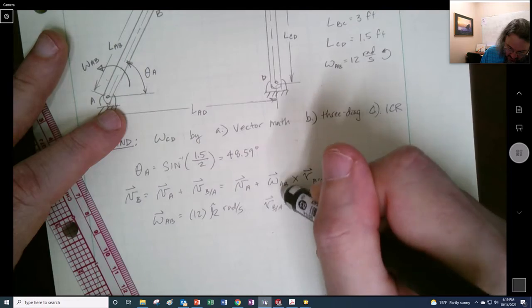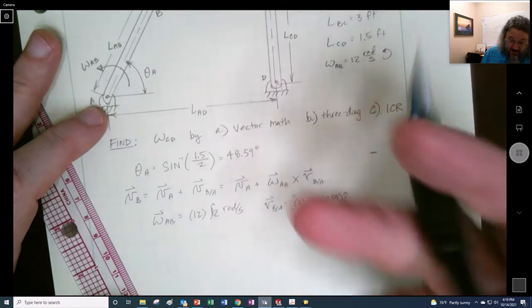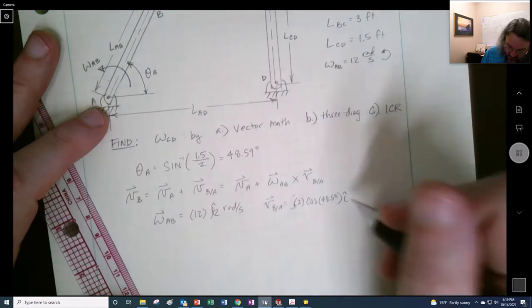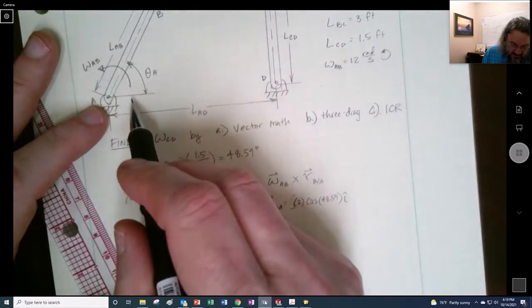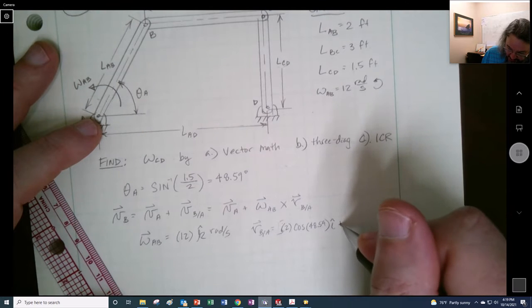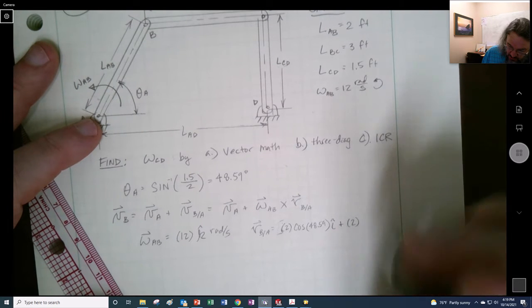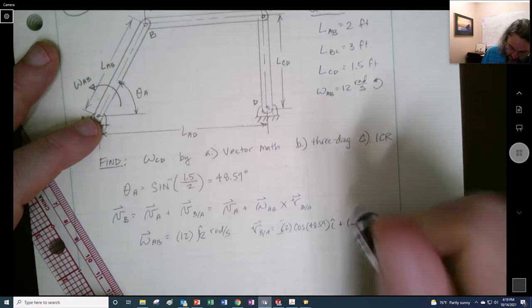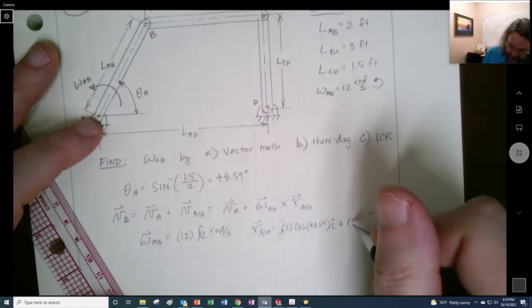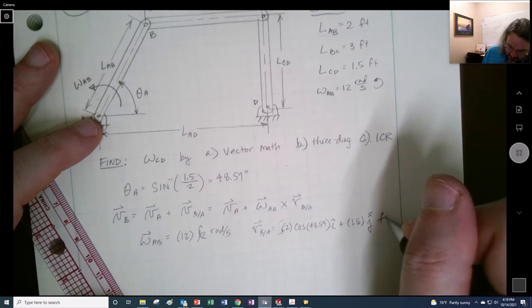And by the way, we need B with respect to A. All right, so when you're going up to B, this definitely is a positive number. And then its vertical position should be equal to this right there, right? So it should just be plus 1.5 J. And these are feet right there.